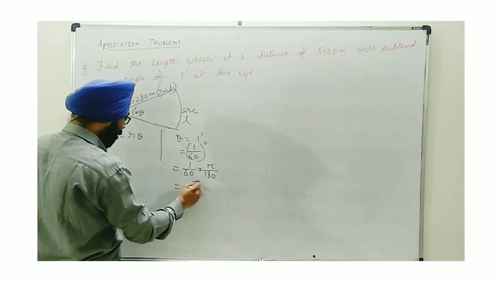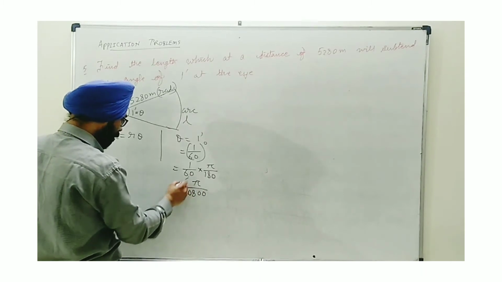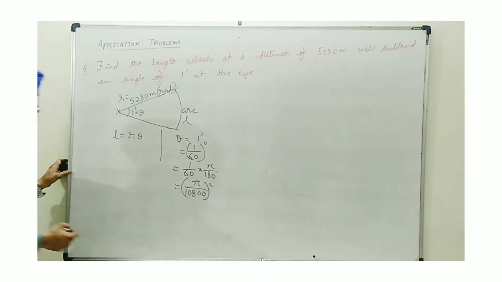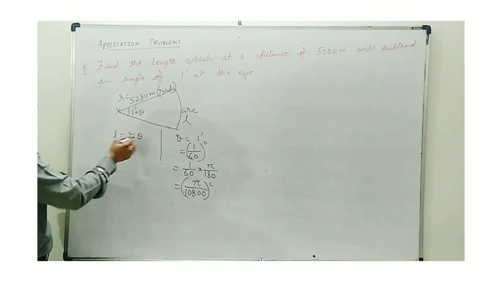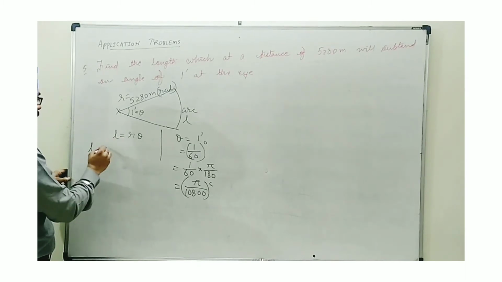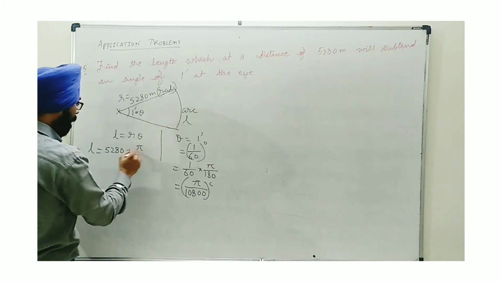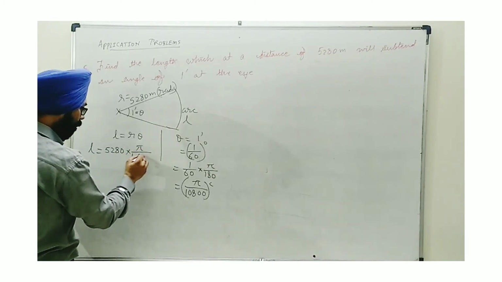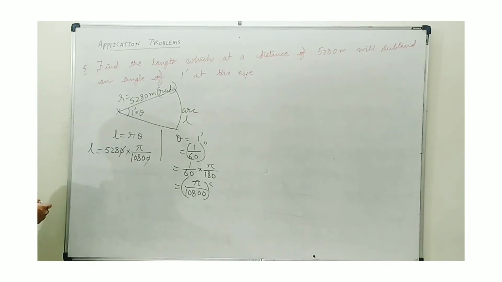We get pi divided by 10800. This is the final form in radian. As soon as we get theta in radian, we can use this value in L equal to R theta. R is already 5280 into theta, which is pi divided by 10800. The only thing left is cancellation.